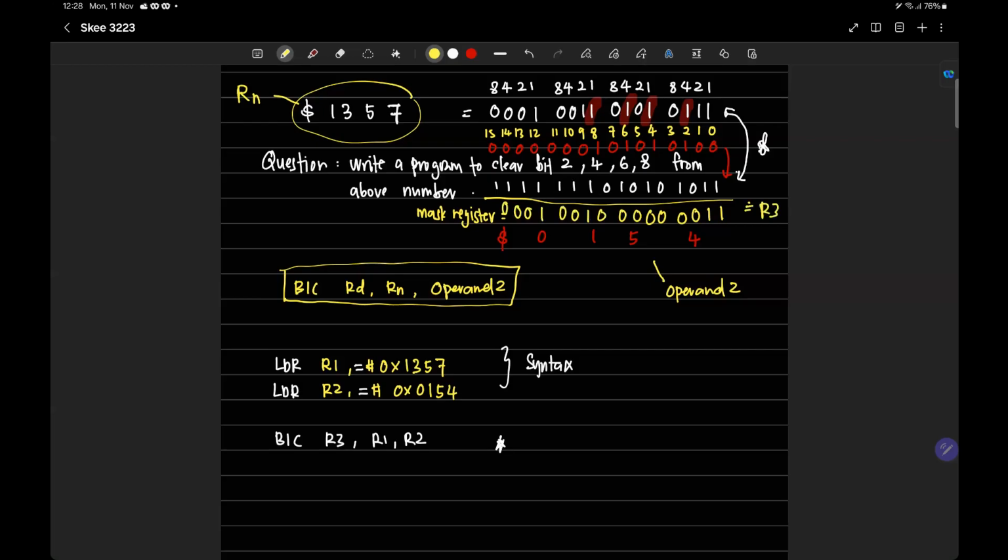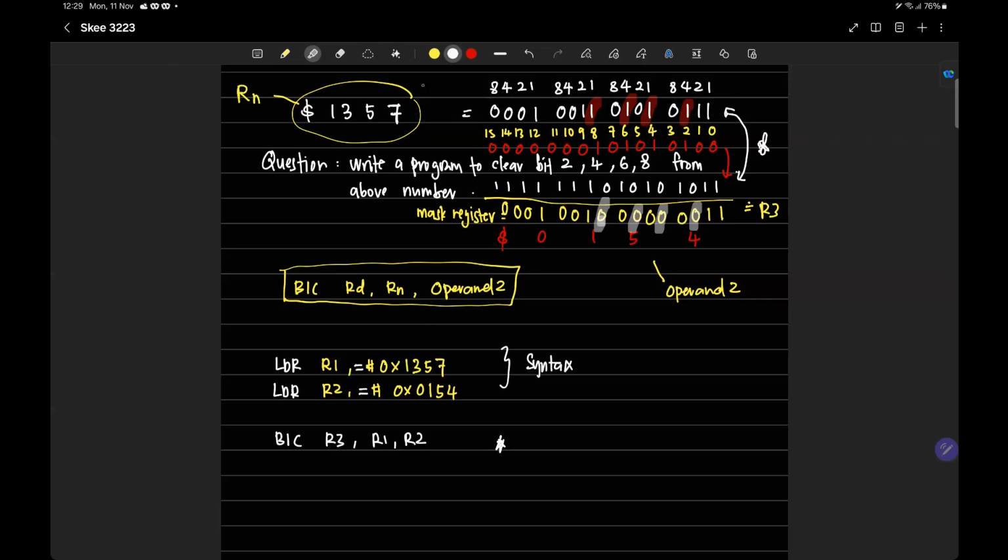If you check back your R3, you can see that bit 2, this is your bit 2, and then bits 4, 6, and 8 have already been cleared, while the other bits remain the same value.